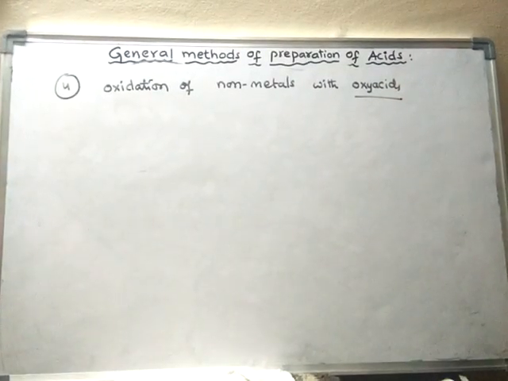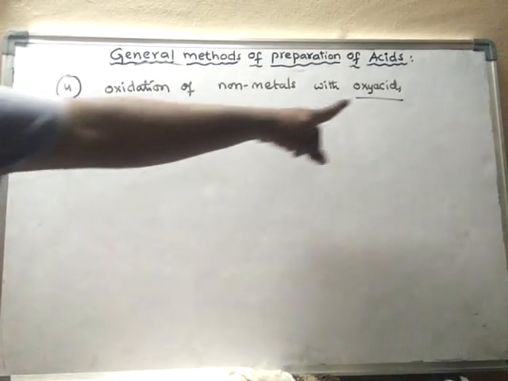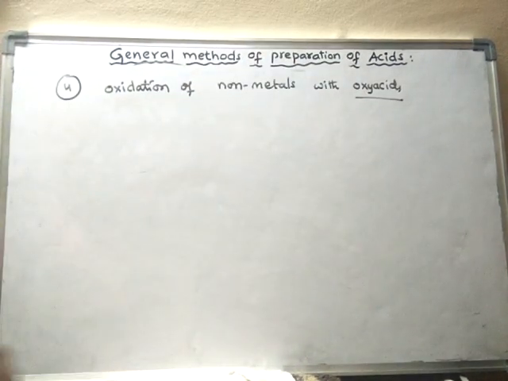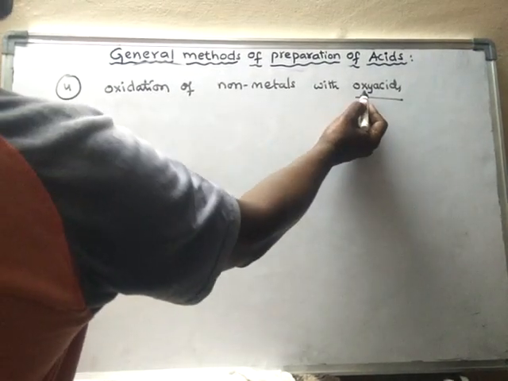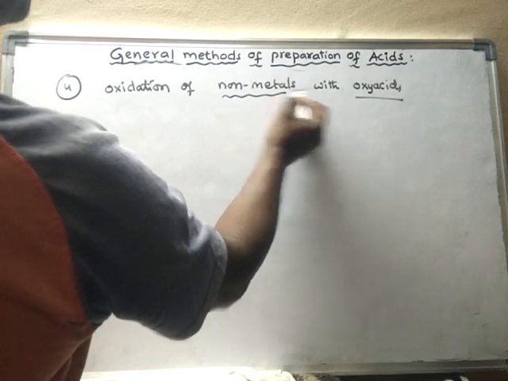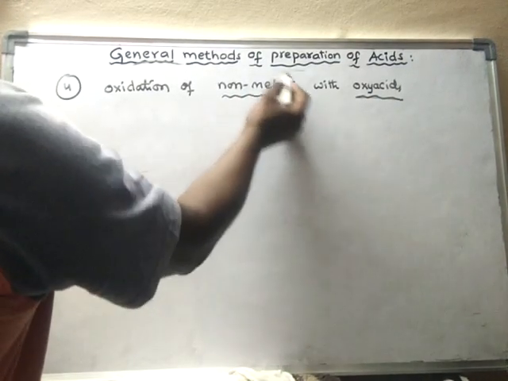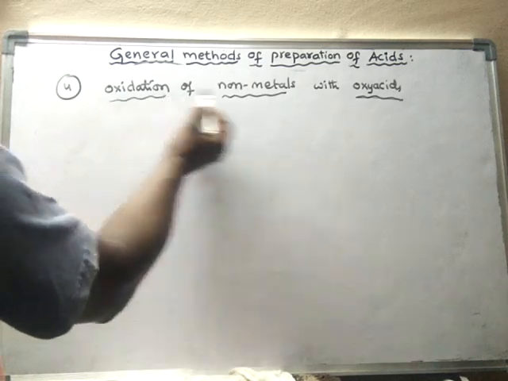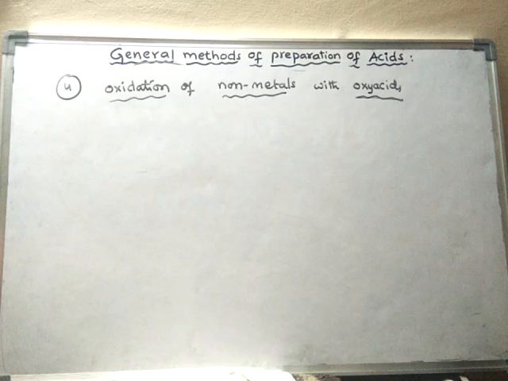The acids which contain hydrogen, non-metal and oxygen. They are also called ternary acids. Here we use oxyacids and we make non-metals react with oxyacids. So non-metals will undergo oxidation when reacted with oxyacids to form acids.